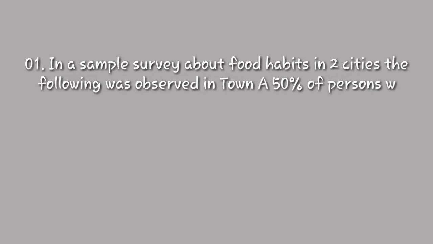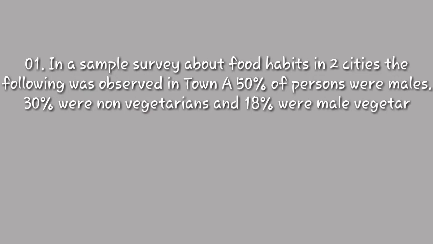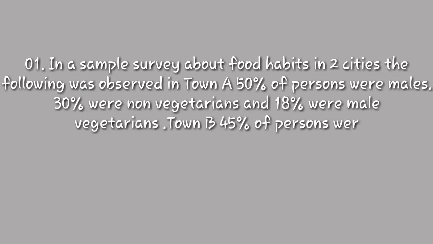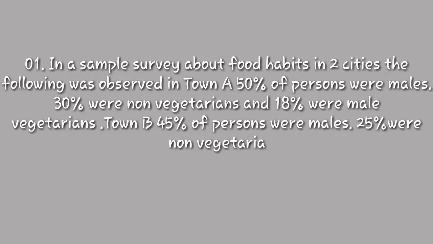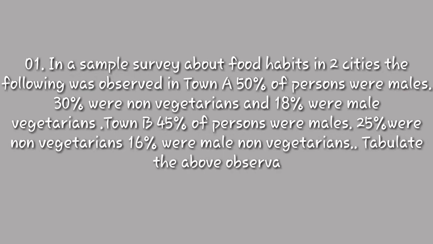Here is a problem regarding food habits of the two cities. In a sample survey about food habits in two cities, the following was observed. Town A: 50% of persons were male, 30% were non-vegetarians, 18% were male non-vegetarians.